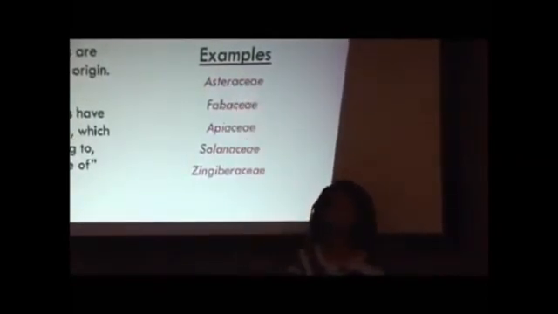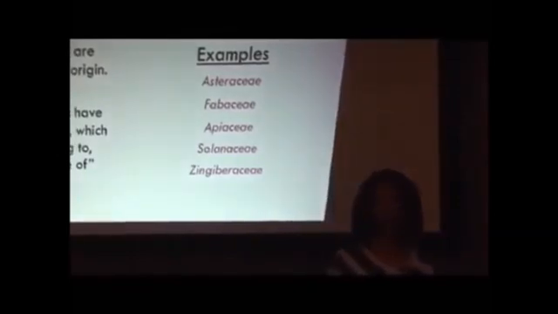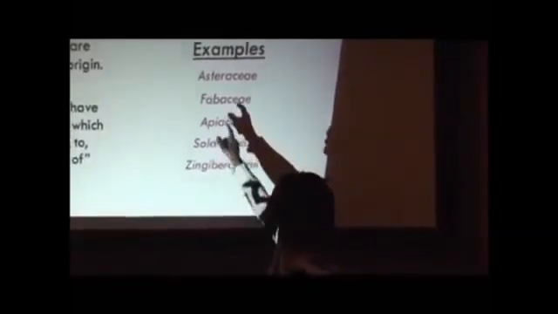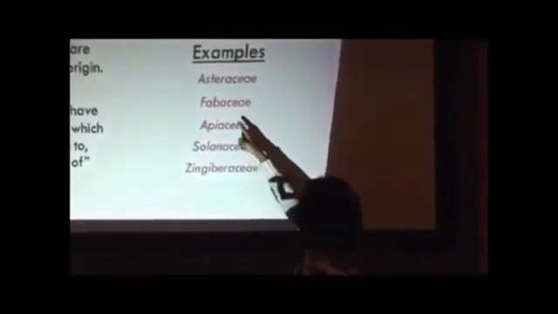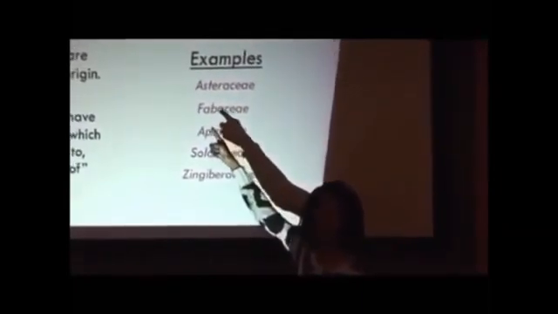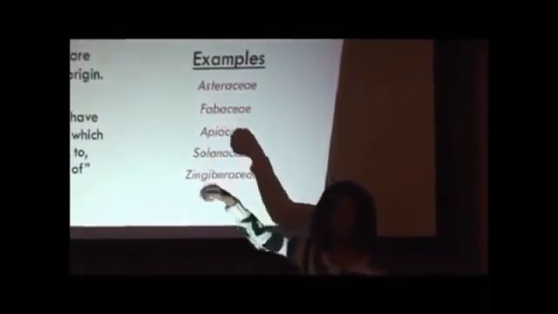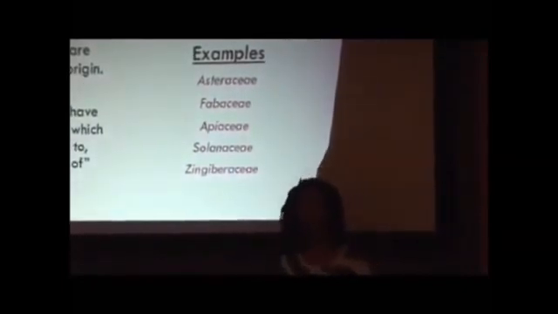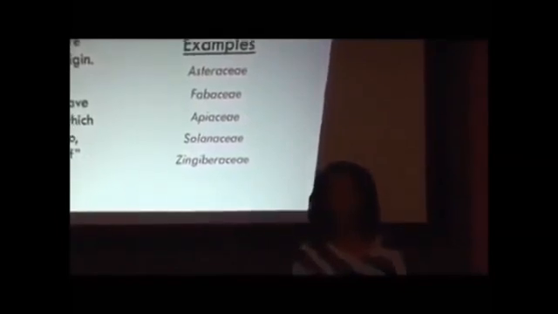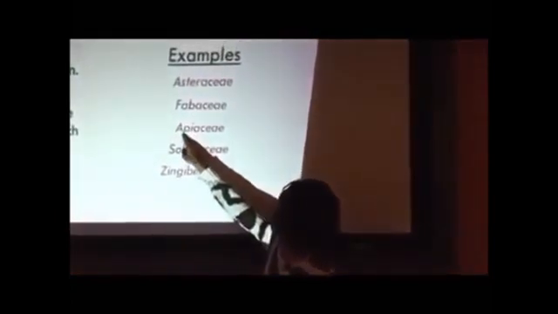Aster. Who remembers what aster means? Star. Therefore, this refers to plants that are shaped like a star. Faba means bean, like fava beans. It refers to plants that are beans, peas, legumes. This comes from apium, A-P-I.